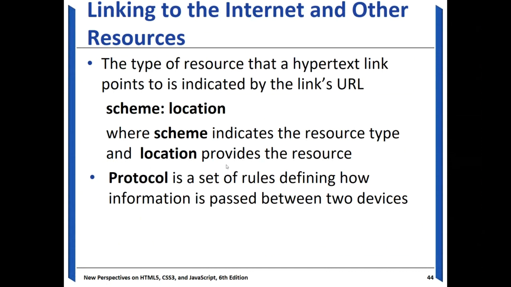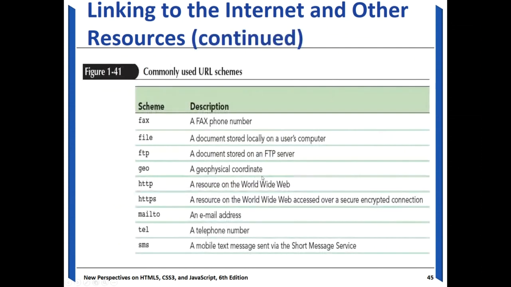All right, the type of resource that a hypertext link points to is indicated by the link's URL. We have our scheme and location. Scheme is the resource type. Location provides the resource. Okay, so we use these protocols. We want to make sure we use protocols because they define how the information is passed between two devices.